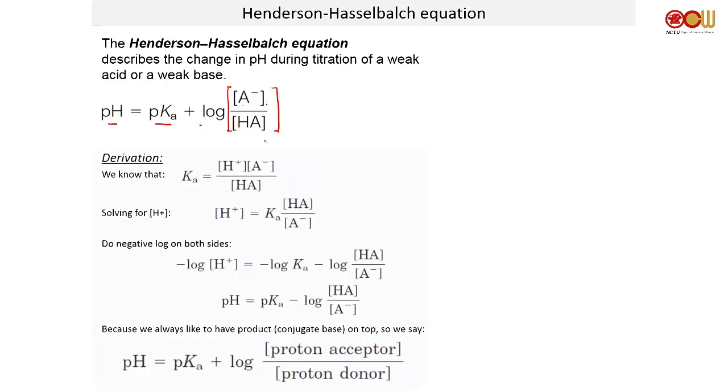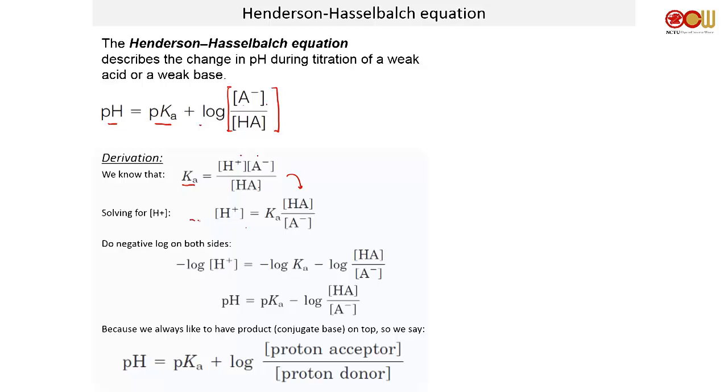The derivation works like this. We know that Ka, the acid constant, is equal to proton concentration times the conjugate base divided by the acid. We solve for proton concentration. You rearrange, and you get that. That's cool. And then you do the negative log of both sides.